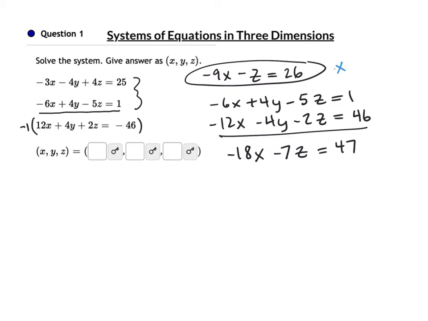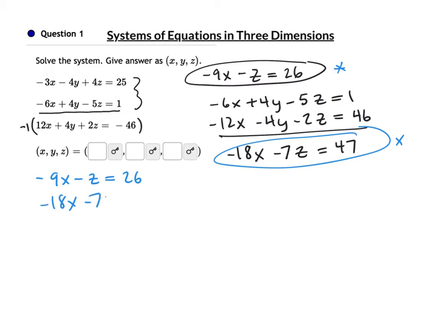I have two equations with two of the same variables. That's what allows me to solve. So I'll rewrite those. Negative 9x minus z equals 26, and negative 18x minus 7z equals 47. And I need a pair of opposites.